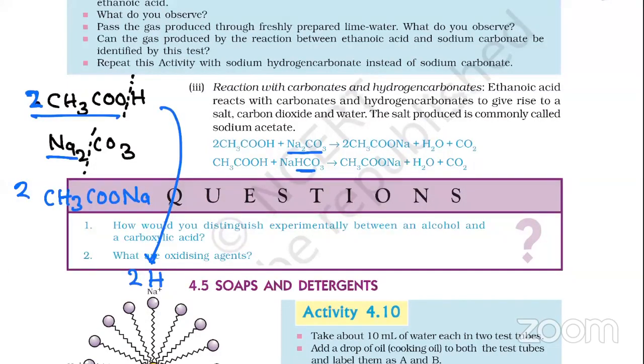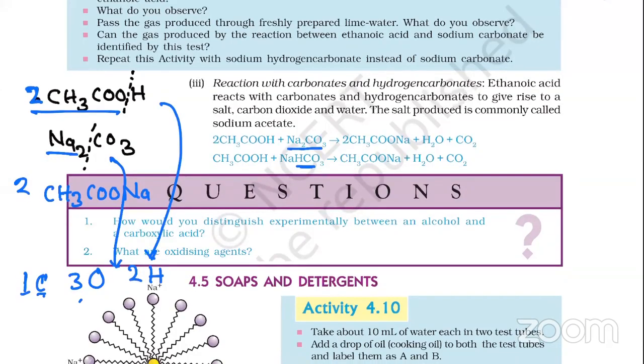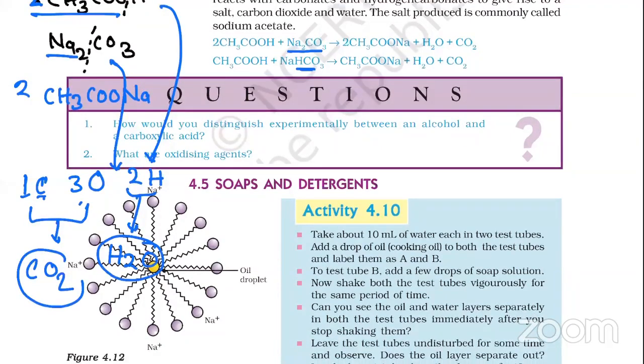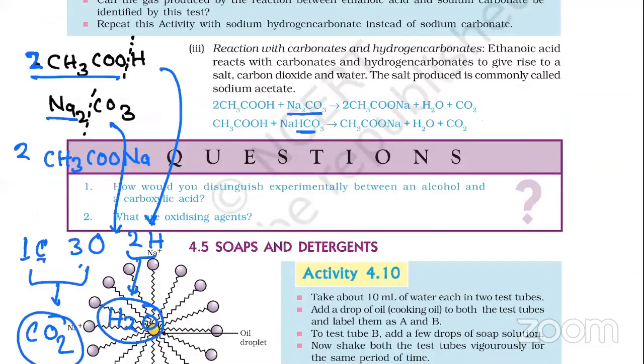You will take 2 oxygen and 1 carbon to write CO2. Then you will be left with 1 oxygen. So 1 oxygen will combine with these 2H and form water. Is it easy? Is it clear, everyone? Yes.